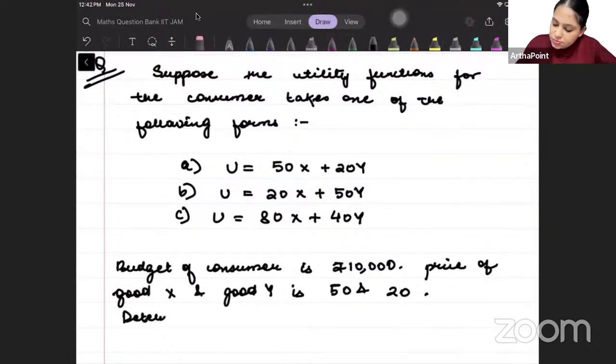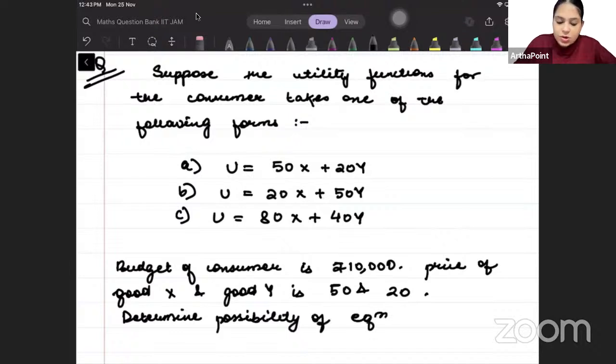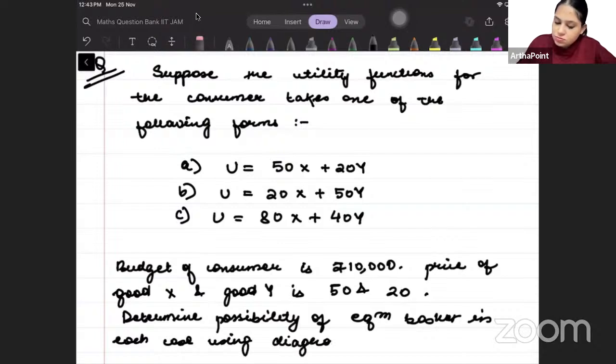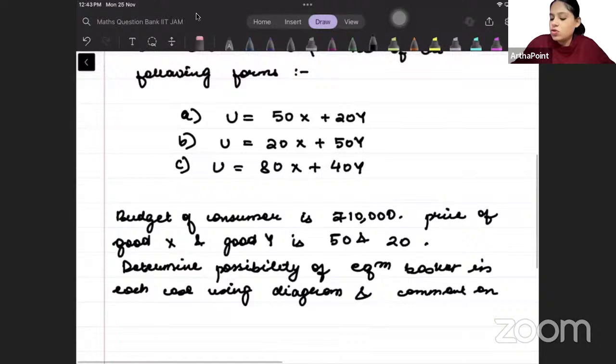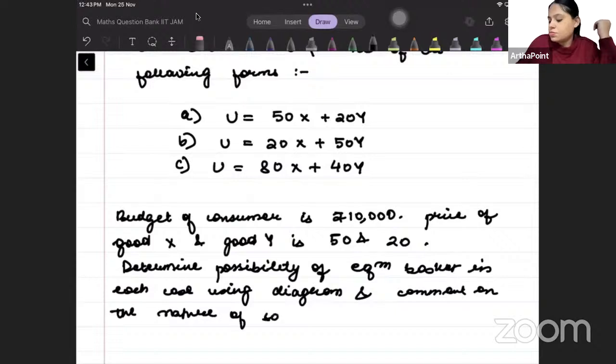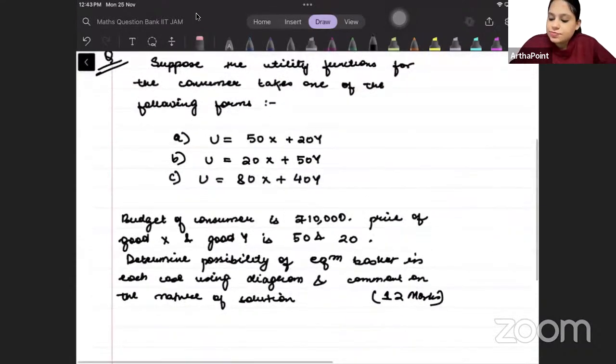Determine the possibility of equilibrium basket in each case using diagram and comment on the nature of solution. 12 marks. Try to give this question a try. Go ahead.